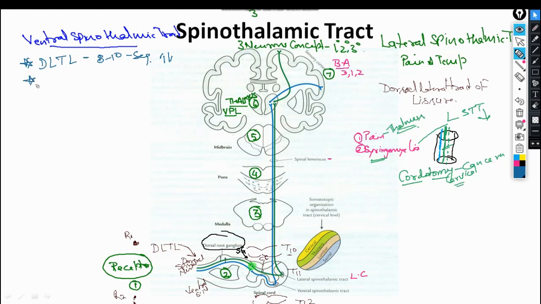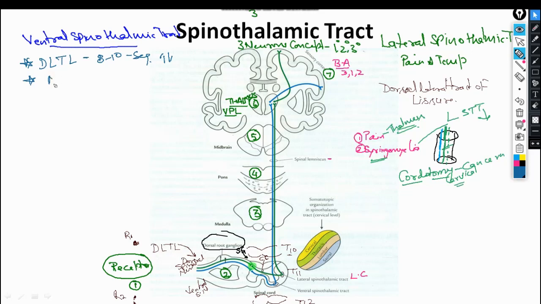And the second point where it differs is this. This first order neuron passes from the posterior horn, and then it takes a turn. It moves a little bit anteriorly and goes to the anterior column.